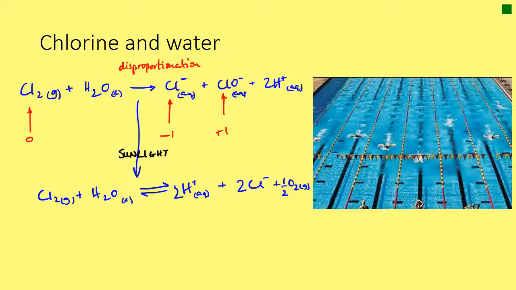And you get some chloride ions. So that's the chlorine atom that has been reduced. And you get some chlorate ions. And that's the chlorine atom that has been oxidized. Its oxidation number is going to be +1 in there. And of course you've got 2 hydrogen ions being left over from the water. And each of these is aqueous.